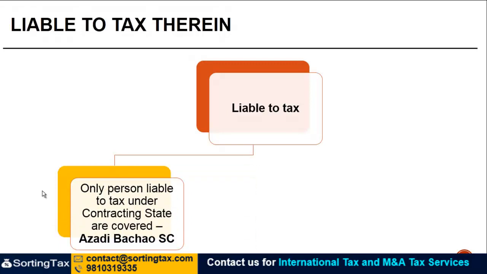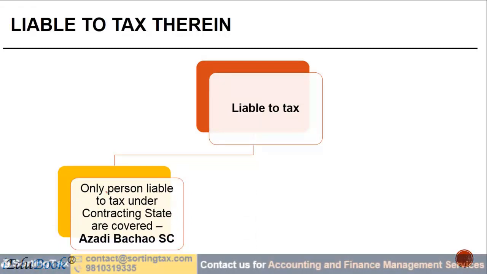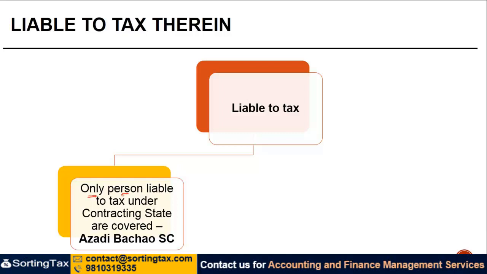The expression "liable to tax" means that only a person who is liable to tax under a contracting state is covered for the purpose of claiming a benefit under the treaty.